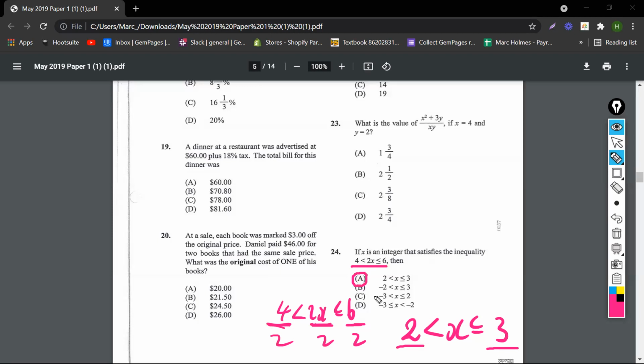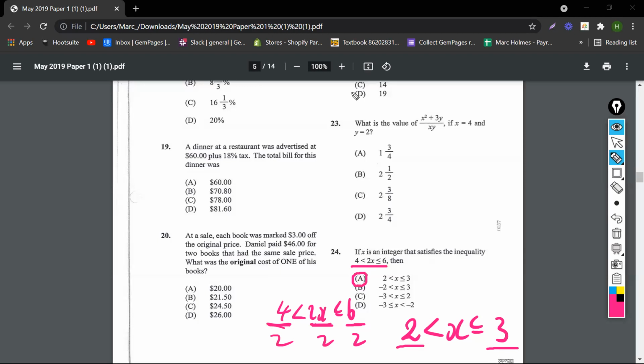Cool, guys. Can we move on? I think we can move on from 24 now.